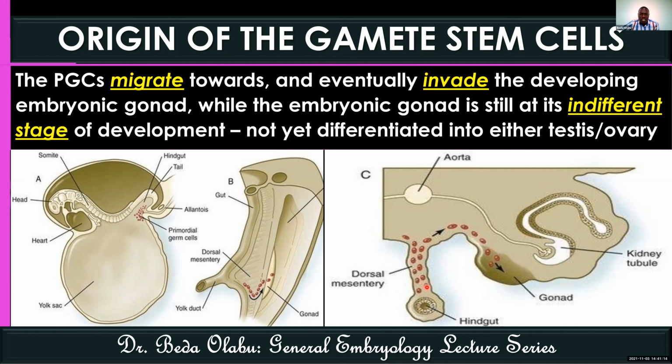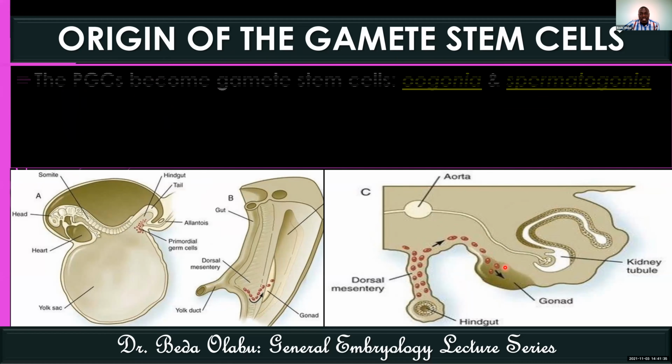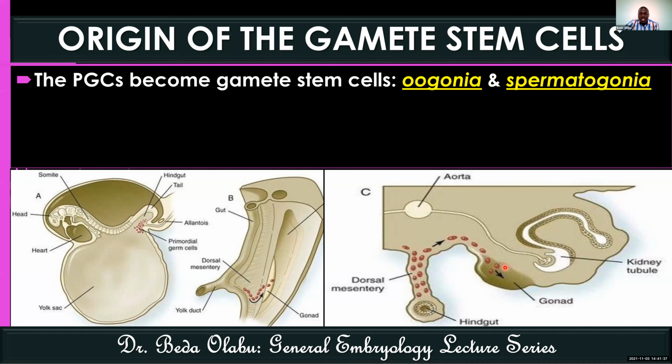The primordial germ cells come from the wall of the yolk sac in this case and invade the indifferent gonad. Of course, we have right and left. Those primordial germ cells that have invaded the indifferent gonad are the ones designated to become the stem cells of the gametes.